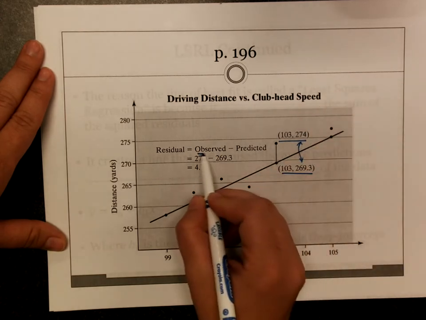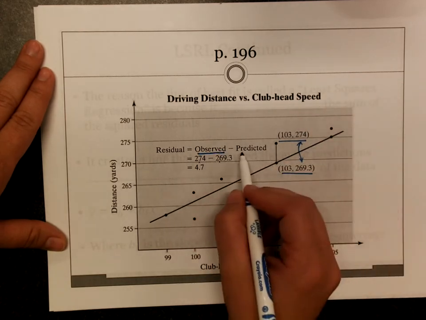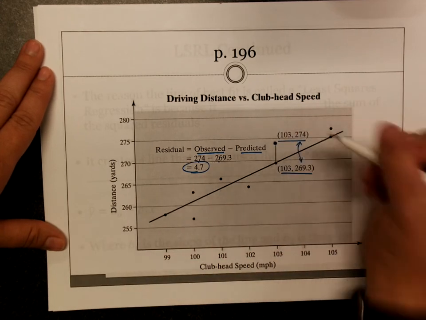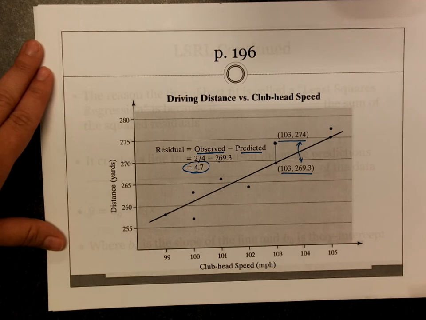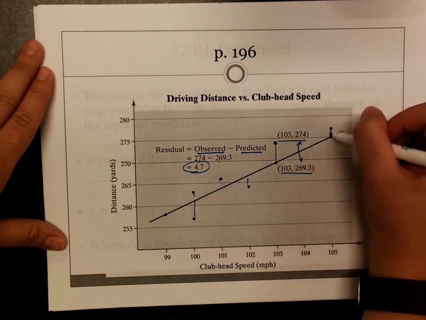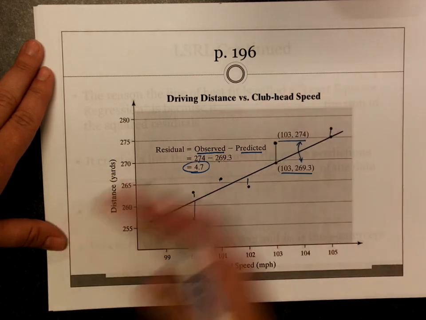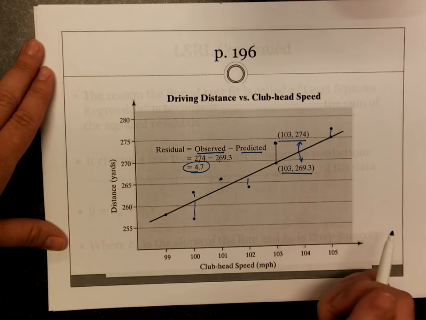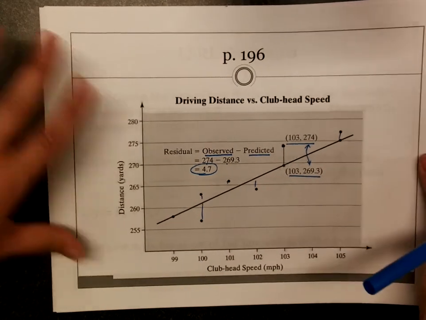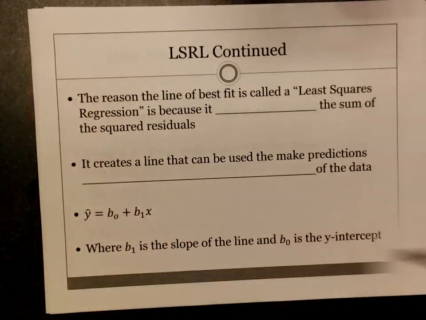It's taking the observed y value and subtracting the predicted y value, and it gives you a positive residual because this data point is above the line. I won't make you calculate that by hand. If I took every single residual top and bottom from all of these and added them all up, positive and negative, they would add up to 0 because they would balance themselves out. So just a little bit of information on residuals.